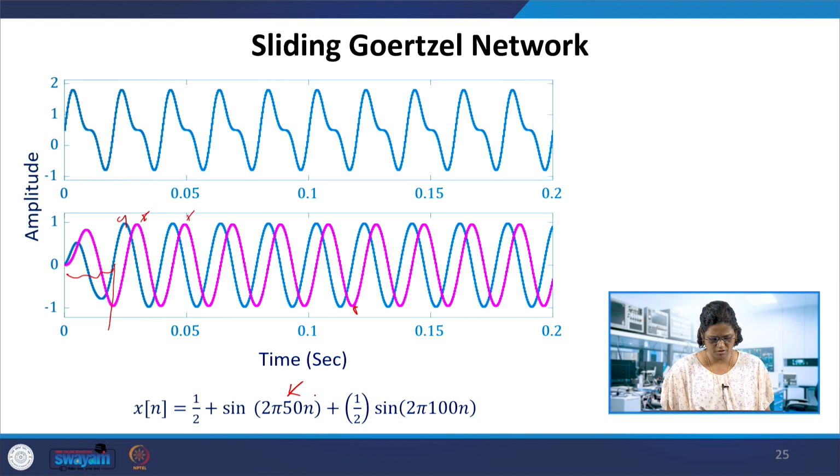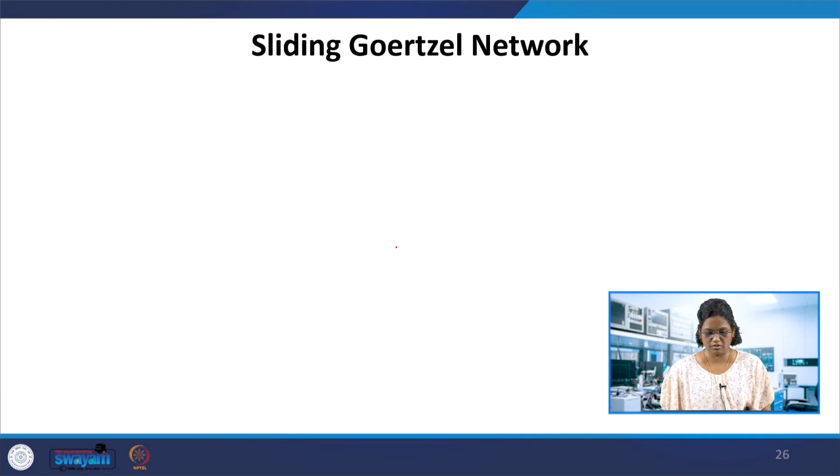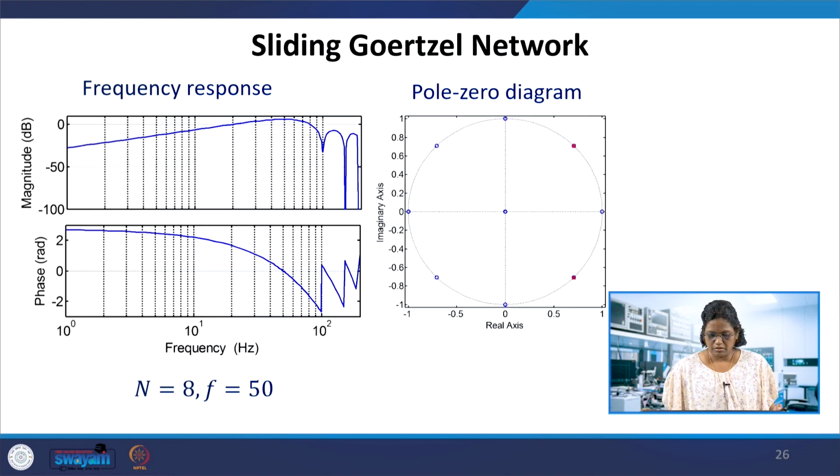It can be shifted to any frequency, and the other frequencies are eliminated, so only the frequency of interest can be extracted. In the pole zero diagram of the sliding Goertzel, one pole gets cancelled by a zero. If we introduce this comb filter, you can see the one which is tuned to 50 hertz here.